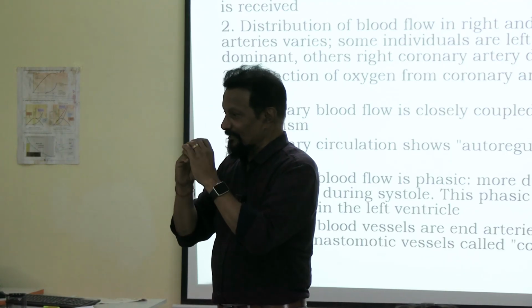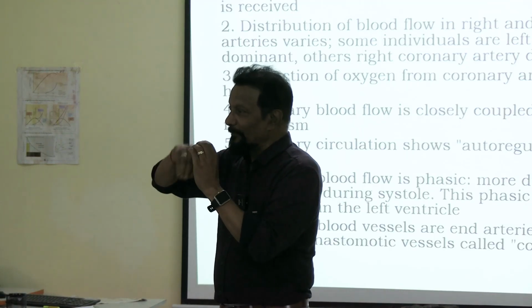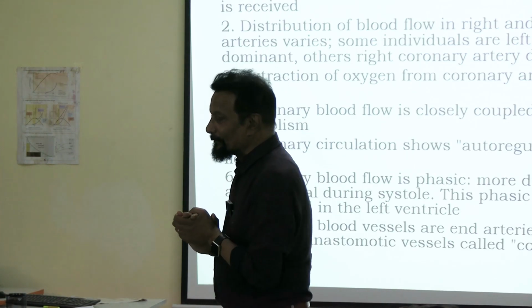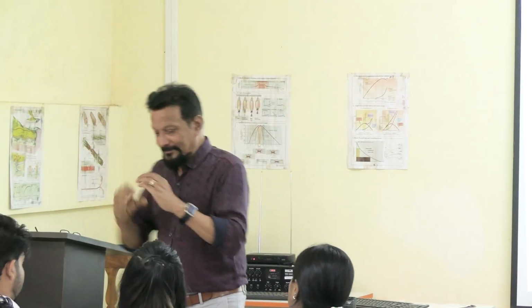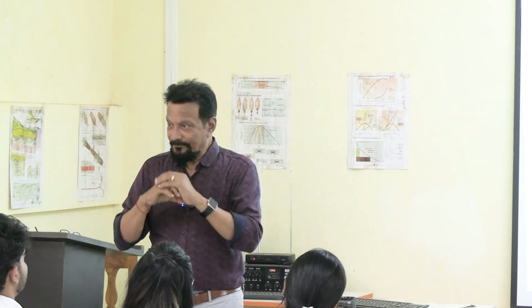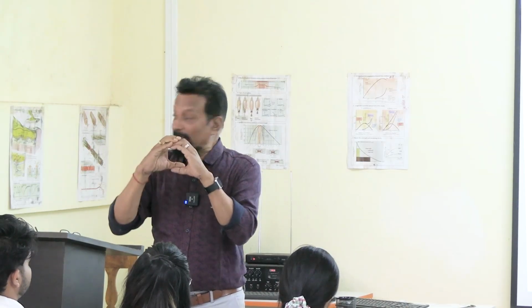So overstretching, more flow, vasoconstriction, flow will be coming down. So there are two theories. One is the myogenic theory. When muscles are stressed, they will reflexly cause vasoconstriction. This is the myogenic theory.